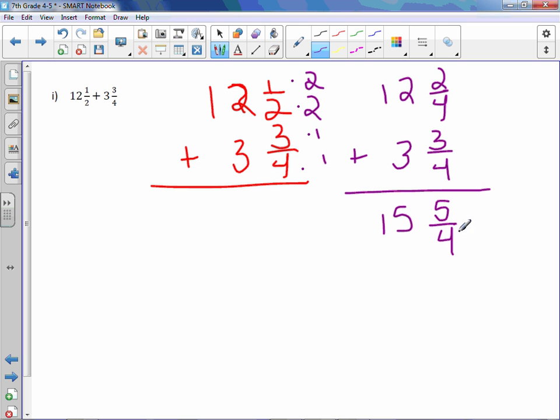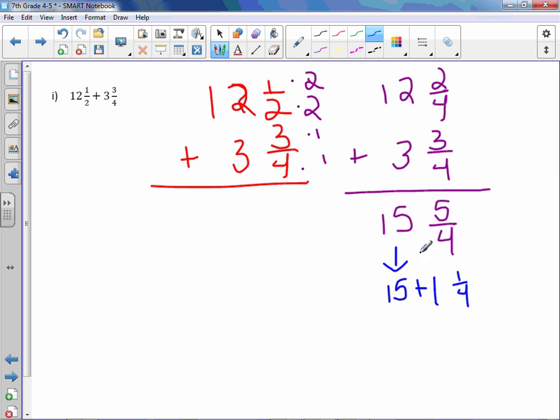Now here's an instance where we end up with an improper fraction. When that happens, we need to change that into a mixed number, and then we'll incorporate the 15. So let's just focus on the 5 over 4. That would be 1 and 1/4 as a mixed number. Bring down that 15 and add it to the 1.